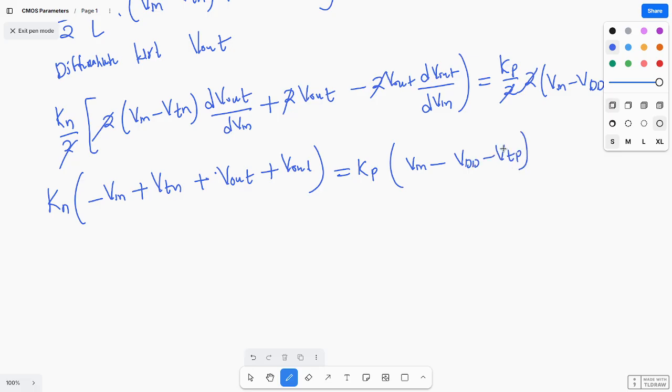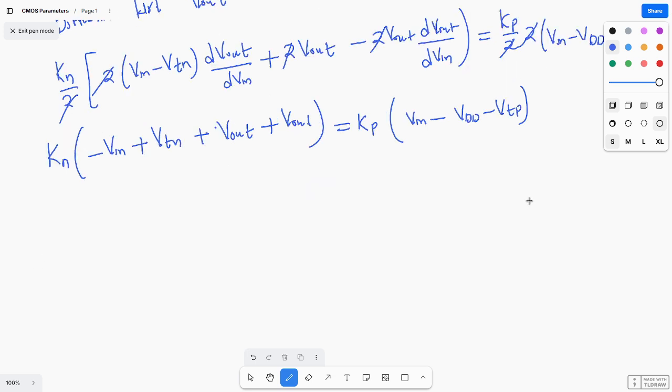So from here, bring Kp V in to one side. That is, Kp into V in plus Kn into V in.